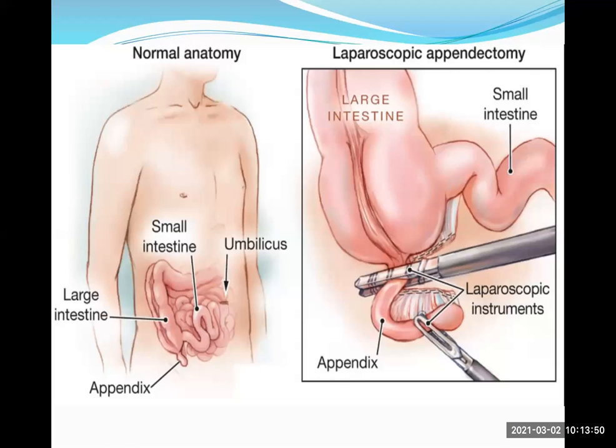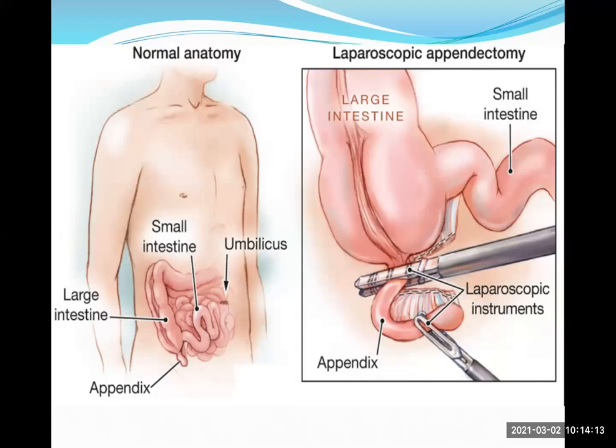This is the site where the appendix is present in our body, that is the right iliac fossa, and this is the way surgery is done. Sometimes surgery can be done with the help of a laparoscope also. This is known as laparoscopic appendectomy. Now, you may be wondering when we go for laparoscopic appendectomy.